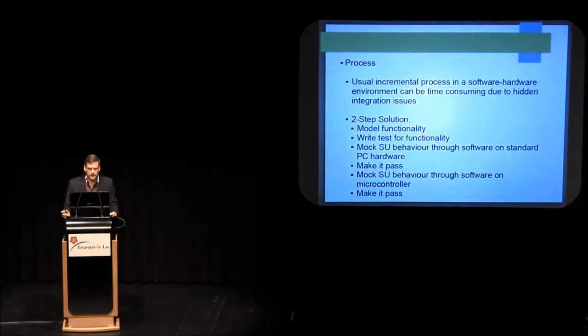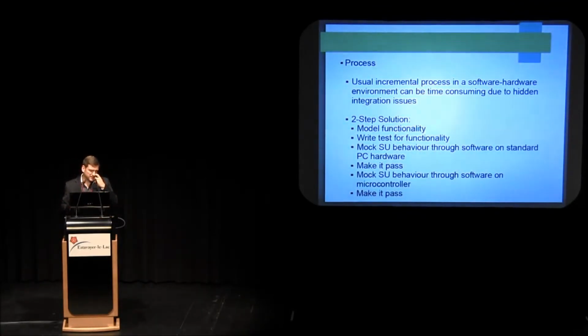Then, make it pass. If it passes, then you take this new piece of code, download it, alter it accordingly, and put it on a microcontroller simulating the science unit. And again, you enter the usual loop to make it pass.